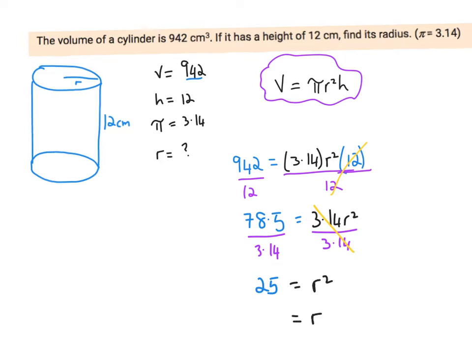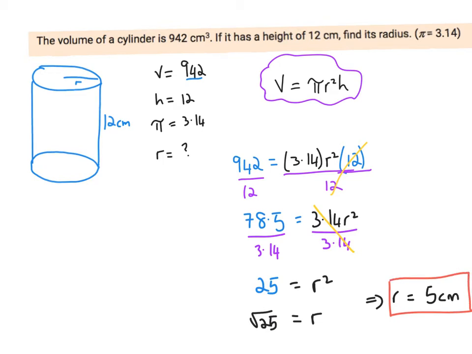So r has to be equal to the square root of 25, which means our radius r is equal to 5. And now let's go back and check our units.